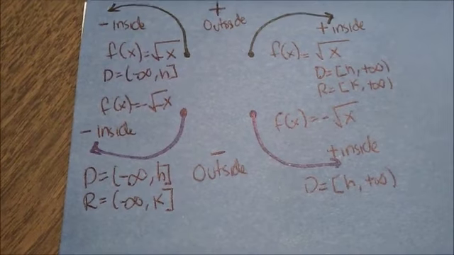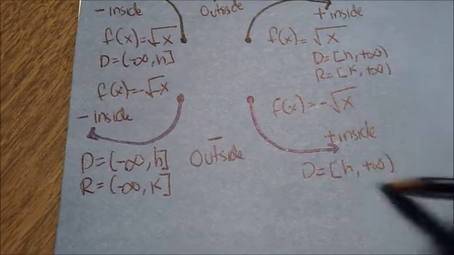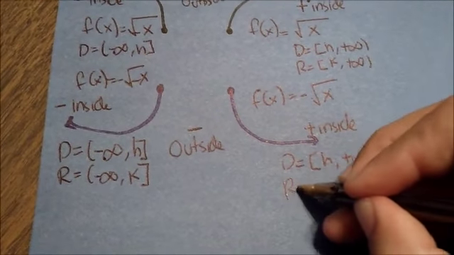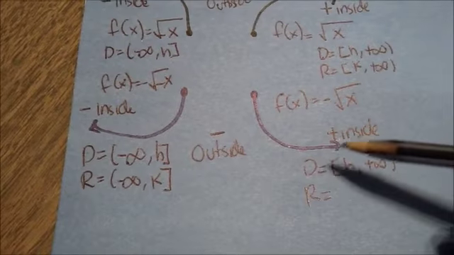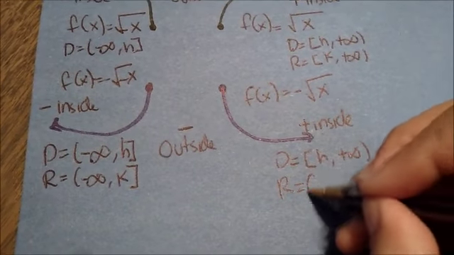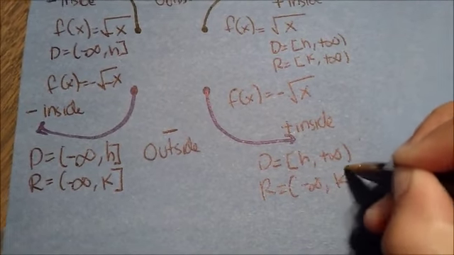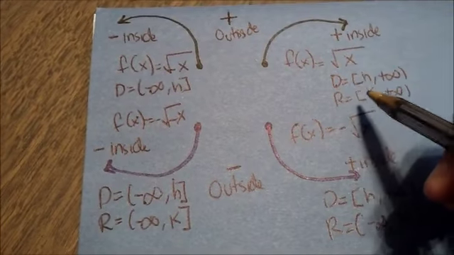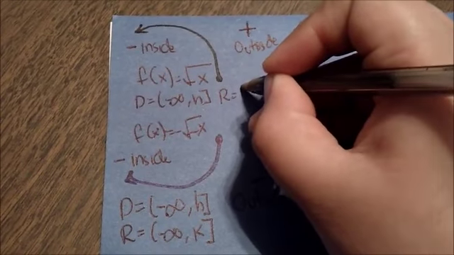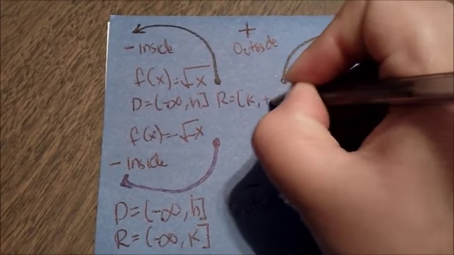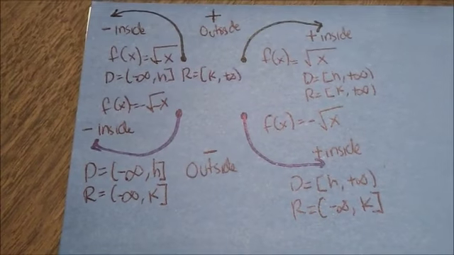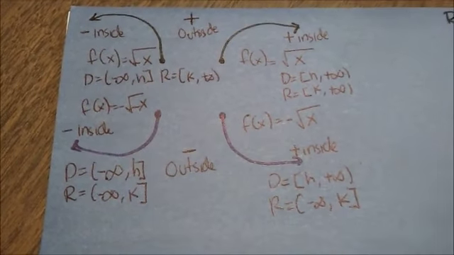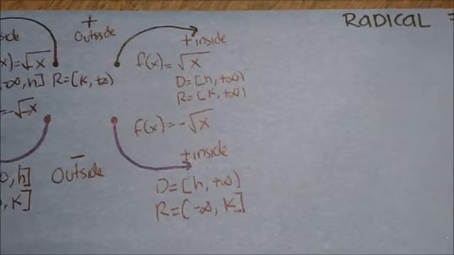Now range is going to be for this one from negative infinite to k, and for this one it's like this one, k comma positive infinite. That's the summary.